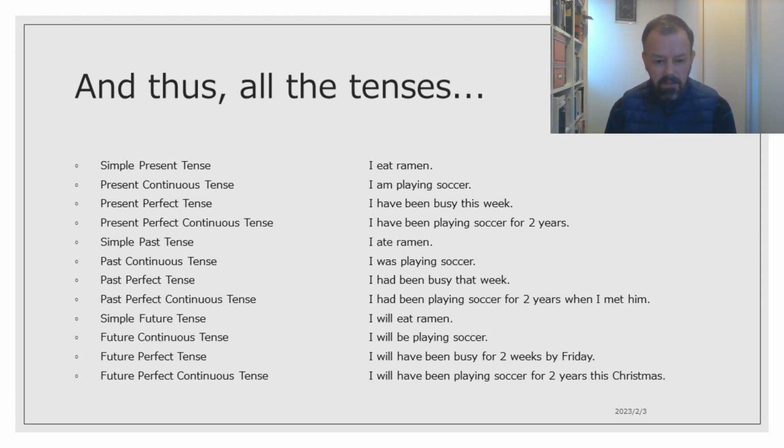And I know these are quite small, it was hard to fit them all into one slide, but these are the 12 standard tenses, I would say.